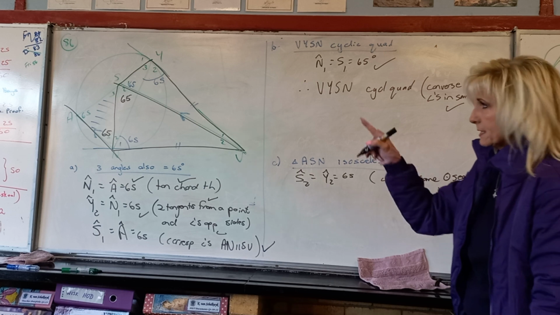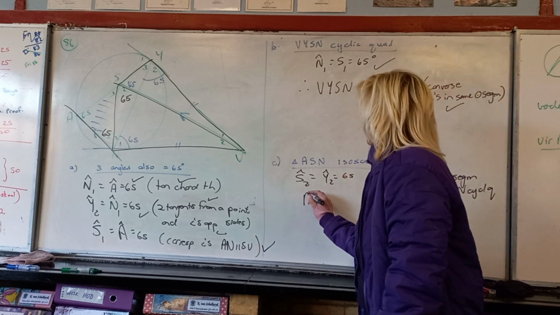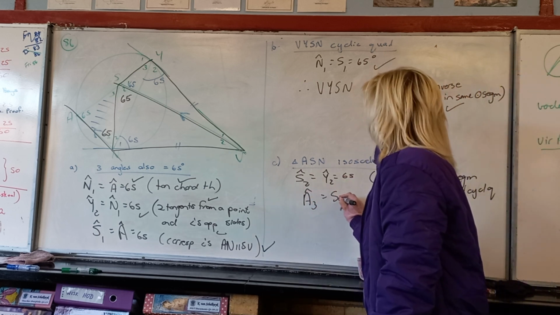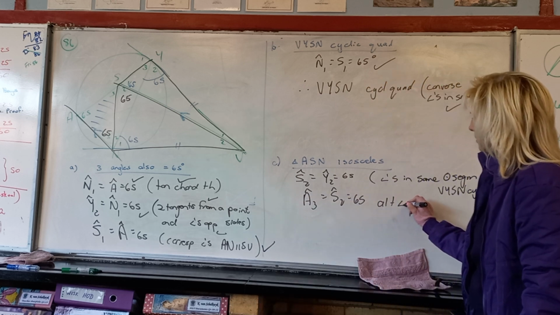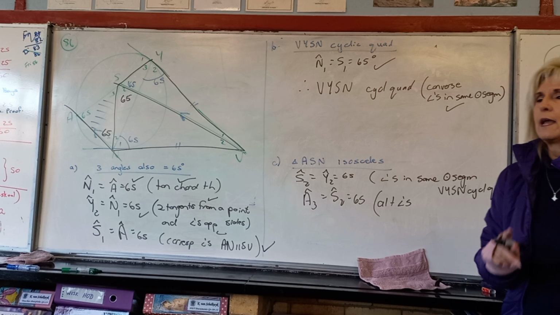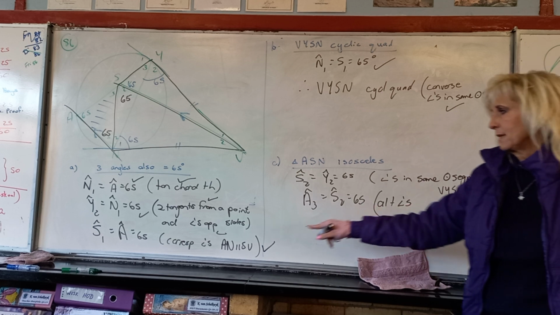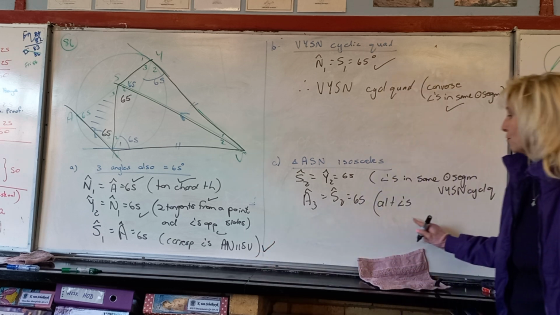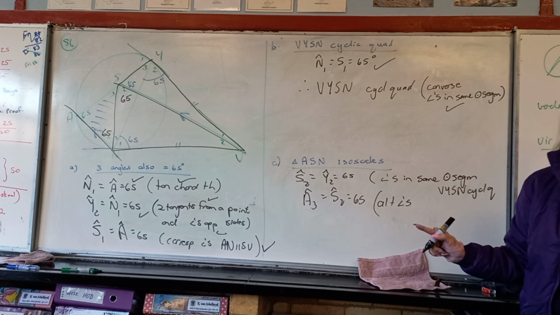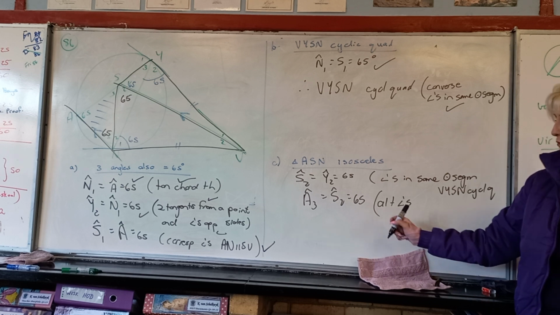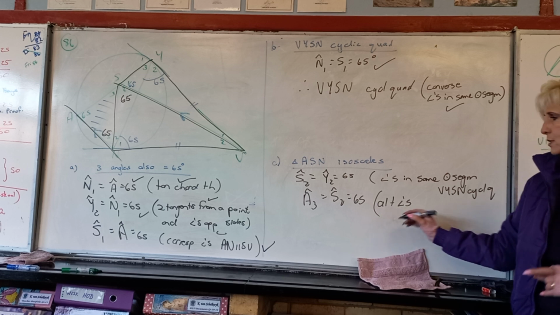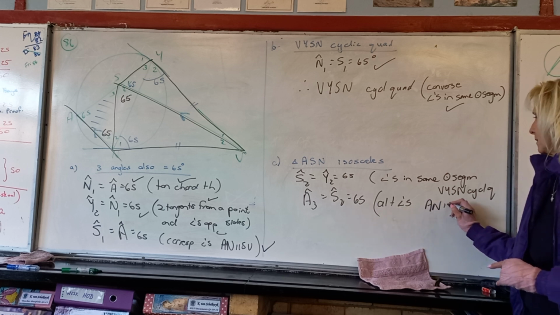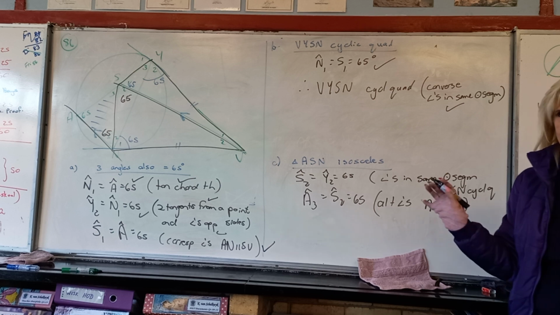And if I have that 65, that brings me to A3, because A3 and S2 are alternate angles. Now guys, you've already said that those lines are parallel, so you don't really have to put it here, but I said to you that if you write corresponding angles, alternate angles, co-interior angles, you always write them too. You cannot forget it, don't do that.